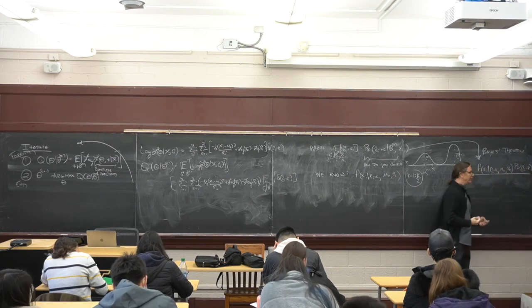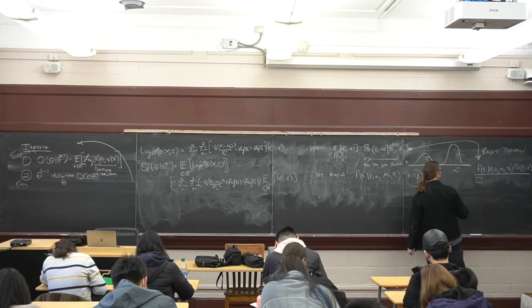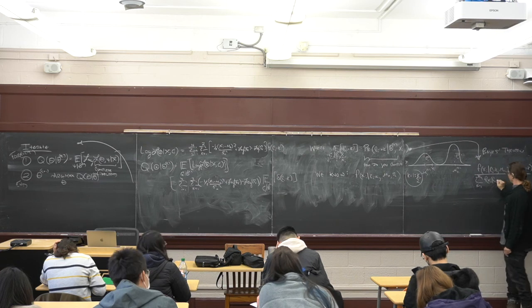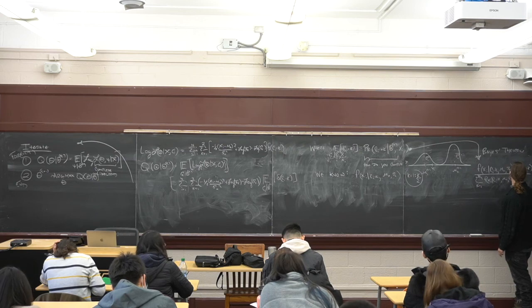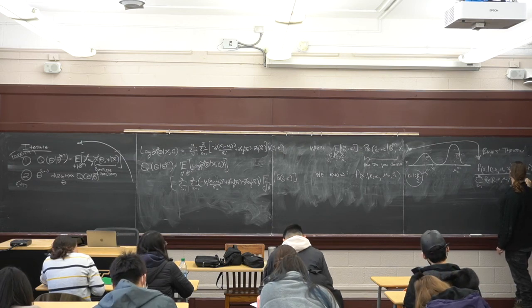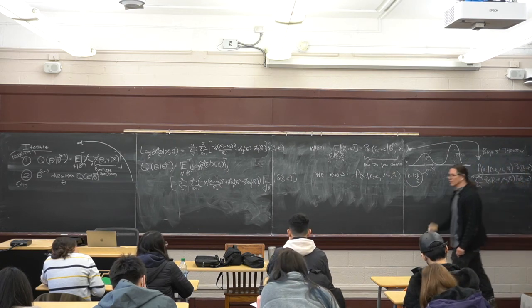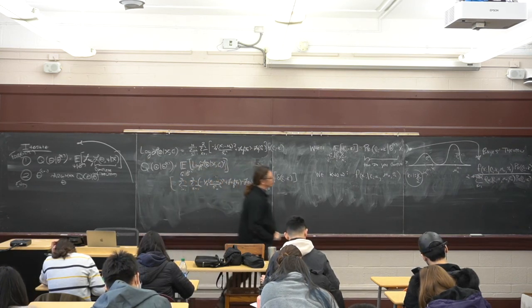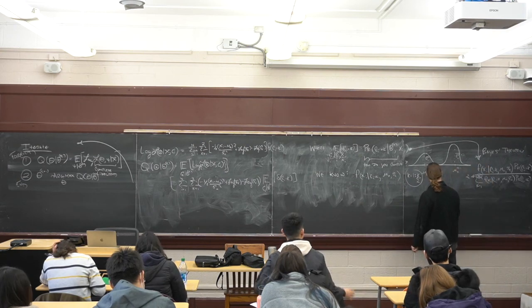And I need to normalize this. For our example, that's Bayes' theorem. So the question is, what are these?